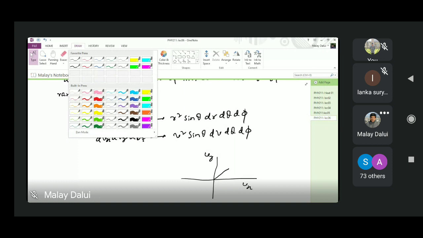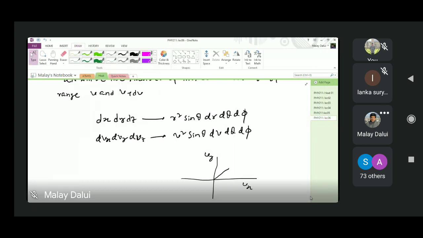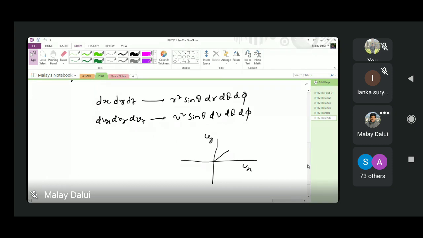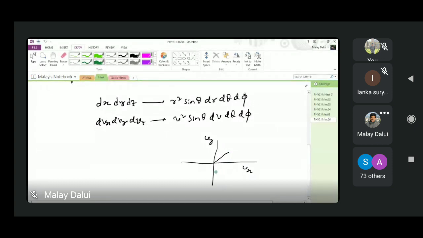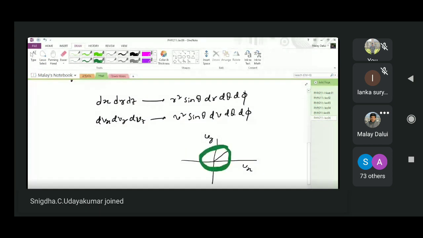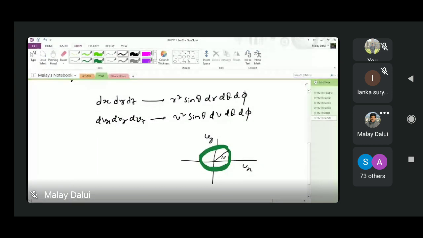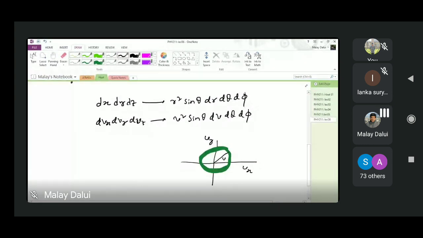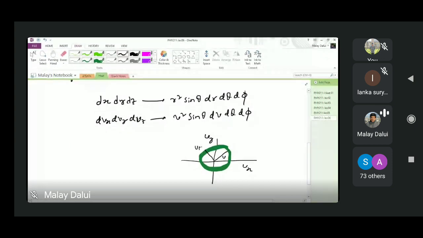So this dn will be contained in a spherical shell like this. Up to here you have v, and towards the end here it's v plus dv, and this dark area represents the number of molecules having velocity between v and v plus dv.